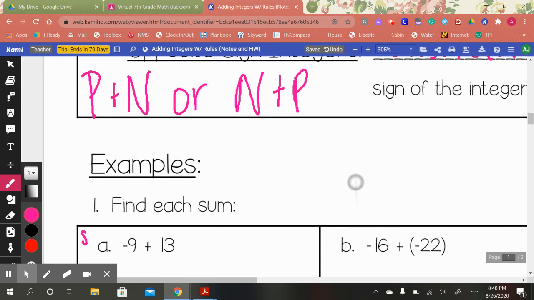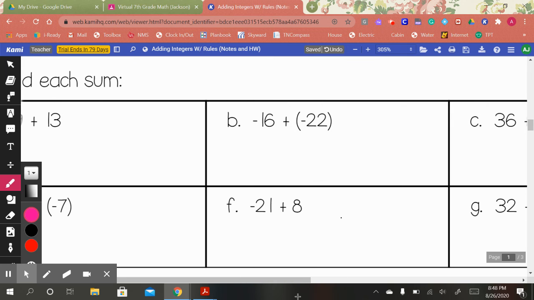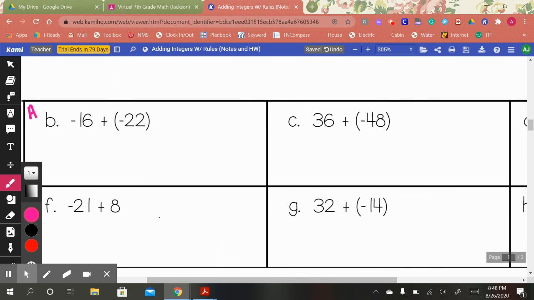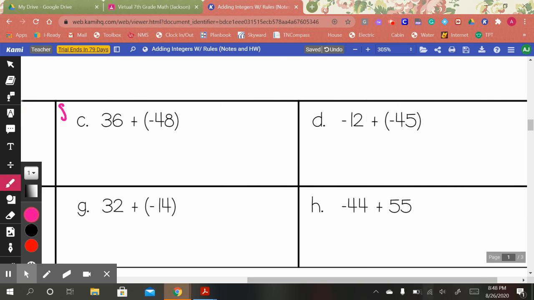Opposite signs subtract. On B, I have same signs. So I know that I'm going to add, and again, I'm just writing a little S or an A in the corner so I know which one I'm doing. On C, I have opposite signs, so I'm going to subtract. And then on D, they are the same sign, so I'm going to add.